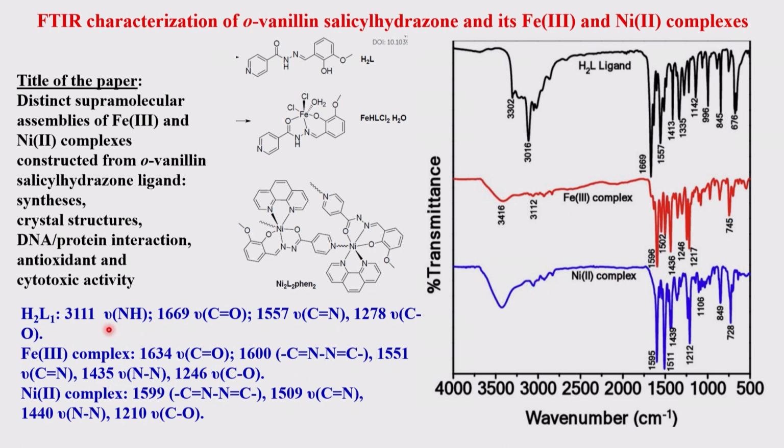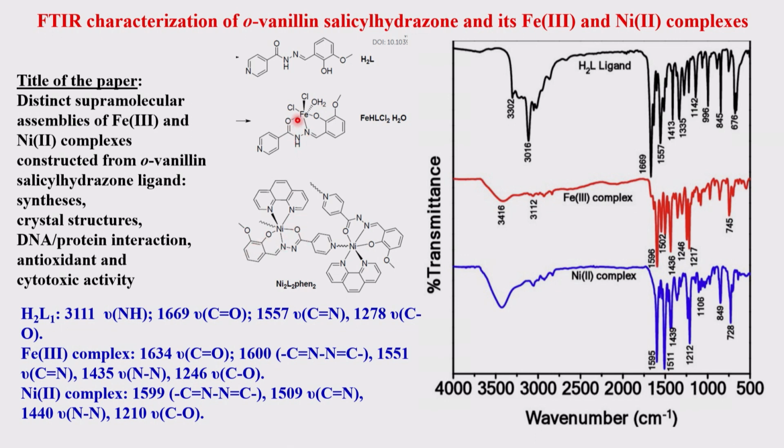If you look at the NH, yes, the ligand shows 3111, and the new CO is at 1669 in the ligand, 1634 in the iron complex, and 1509 in the nickel complex. So you can see that the CO band is changing from the ligand to the iron to the nickel. That means it's binding. It is this one that is binding, the CONH band.